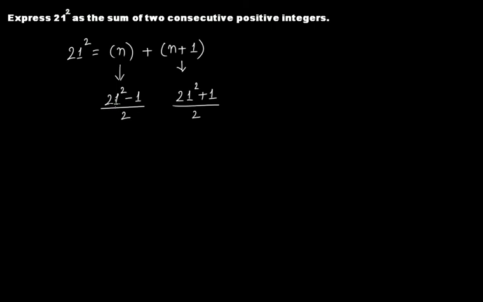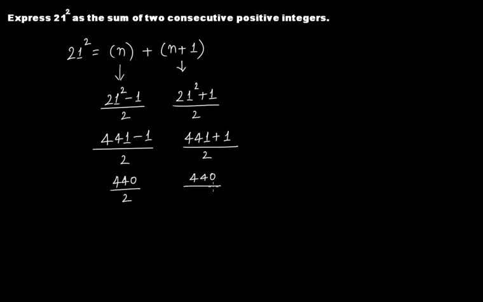So if you find out 21 squared, it is 441. So 441 minus 1 divided by 2, and 441 plus 1 divided by 2.